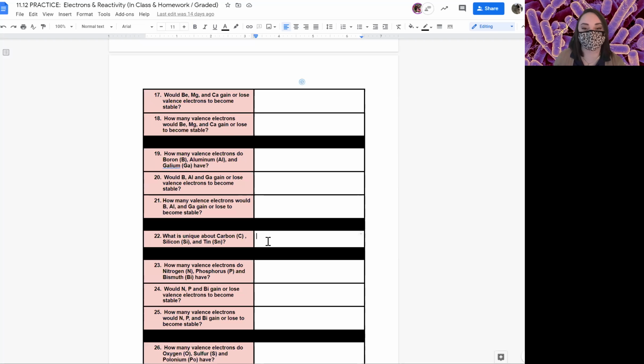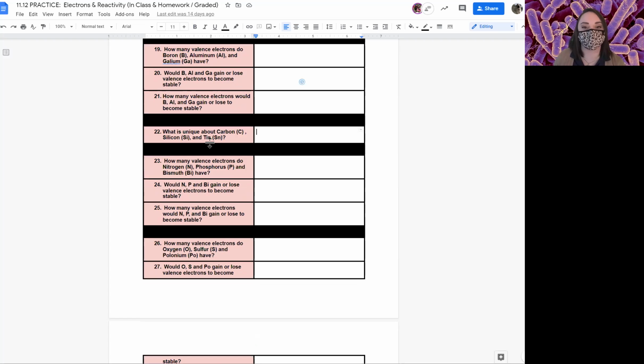3. Very good. What's unique about carbon, silicon, and tin? Very good, Sydney. They could gain or lose valence electrons. They're in group 4, so it is equally as easy to lose all 4 valence electrons as it is to gain 4 more to become stable.